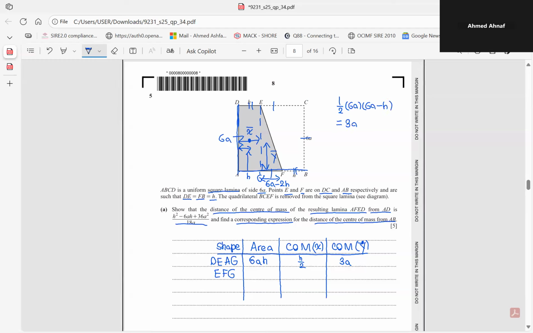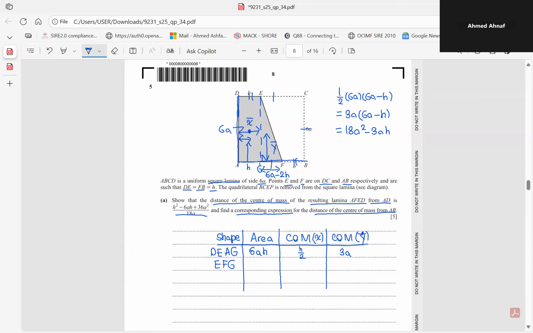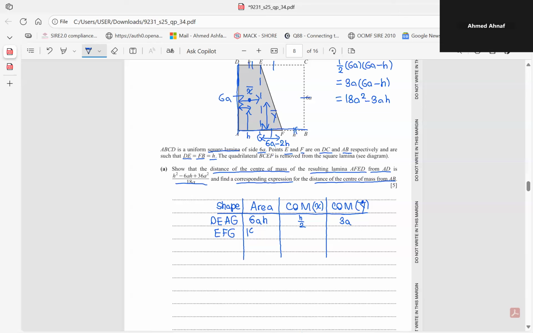Half times 6A is just 3A times 6A minus 2H. You get 18A squared minus 6AH. Okay, so this is the area for EFG.